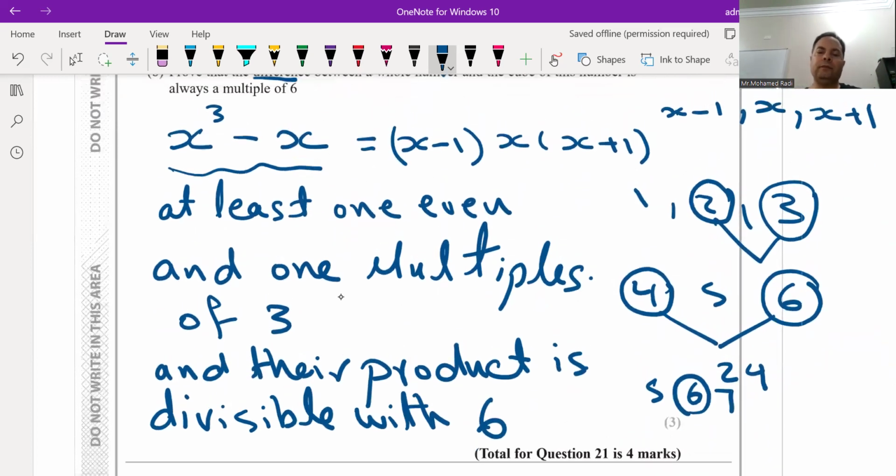Clear? At least one even and at least one multiple of 3, so their product will be a number divisible by 6.